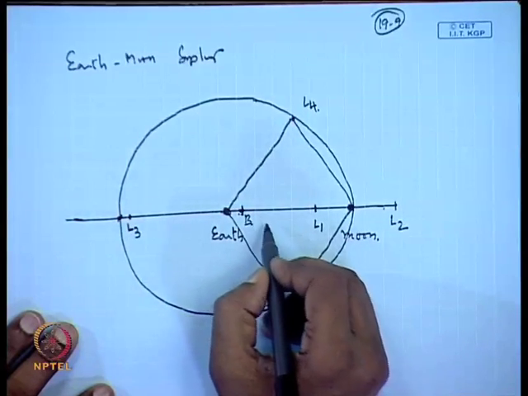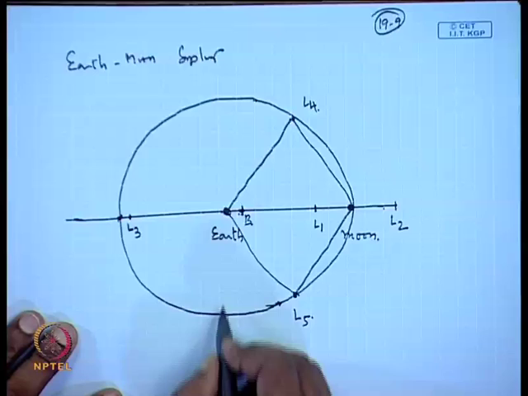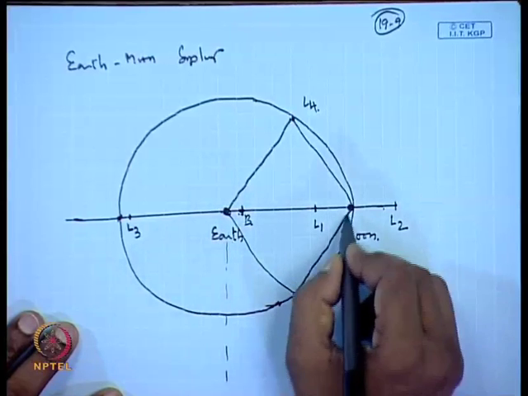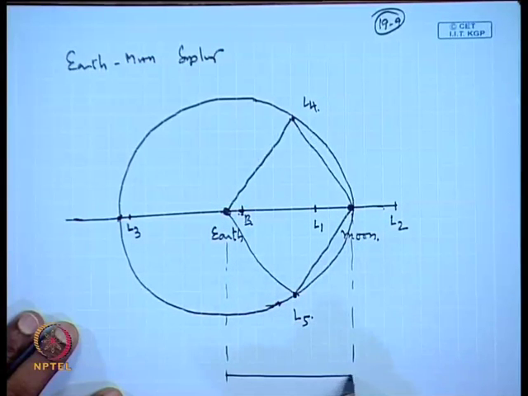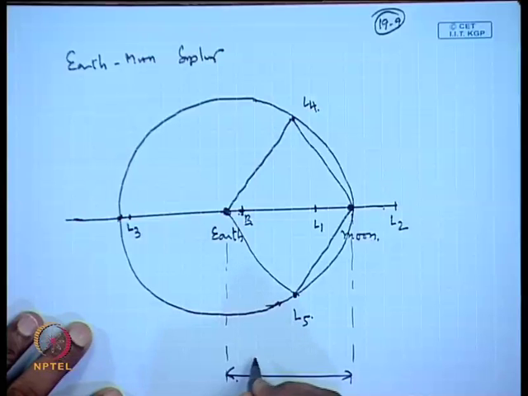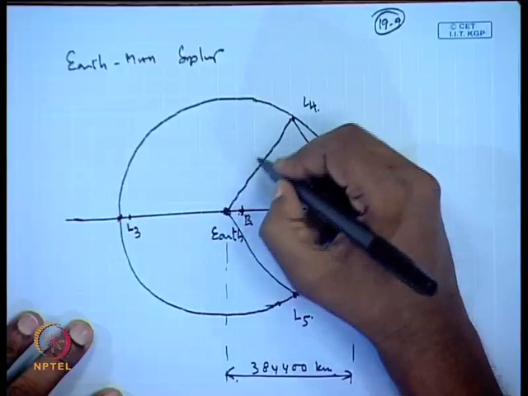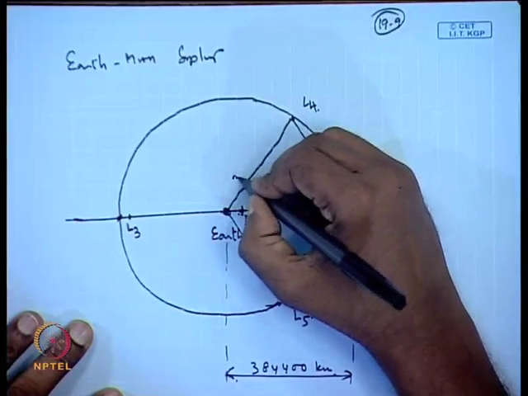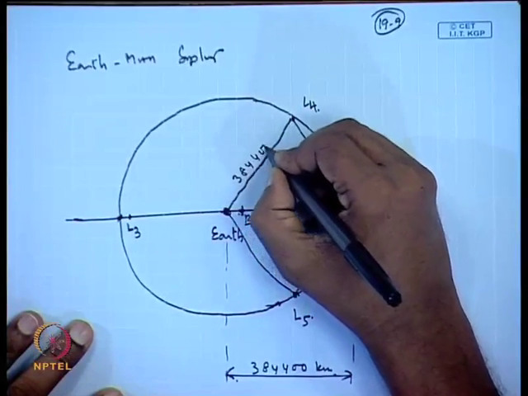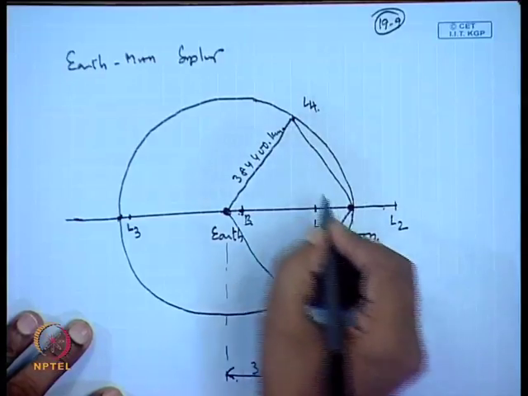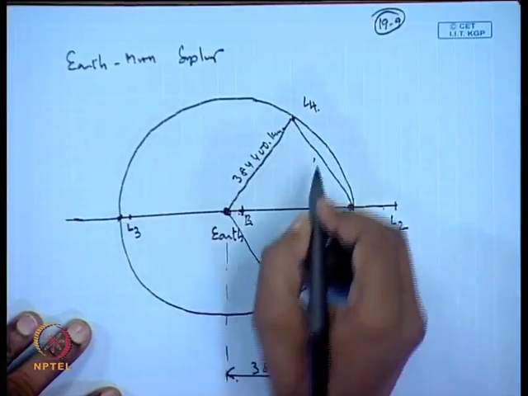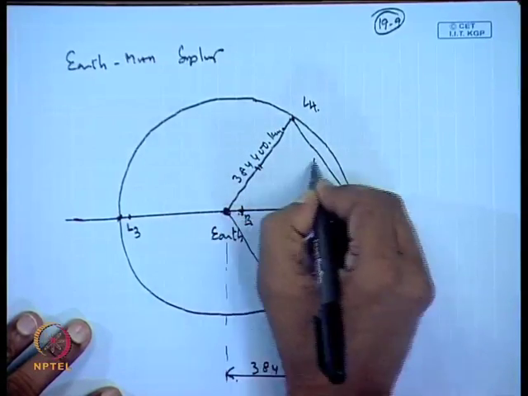So, the distance between the earth and the moon is 384,400 kilometers. This distance also then becomes 384,400 kilometers, and this distance also will be the same. So, these distances are equal.